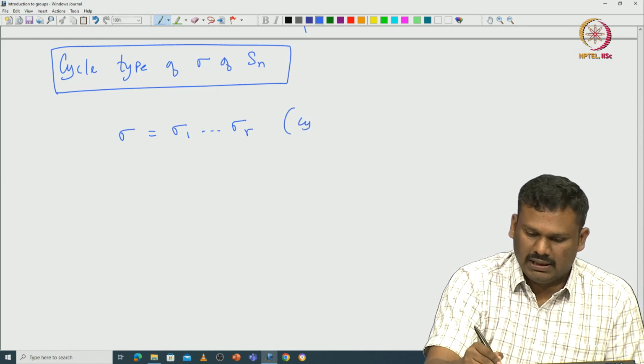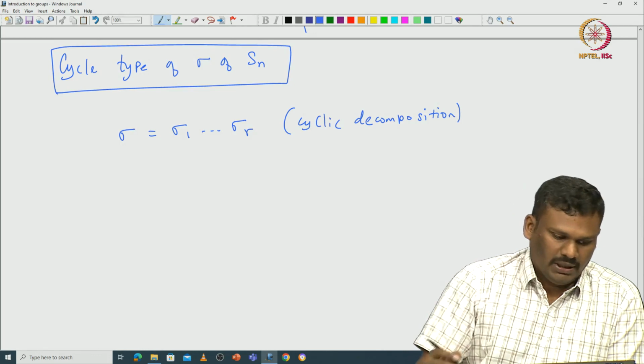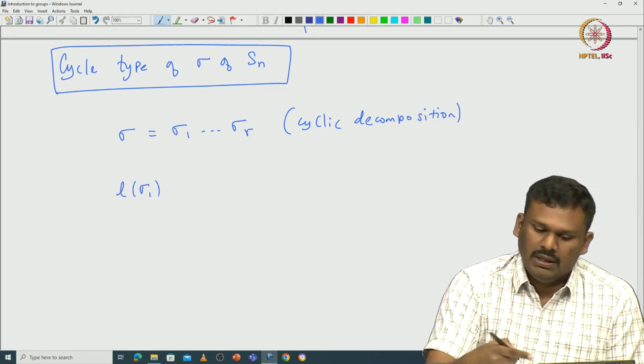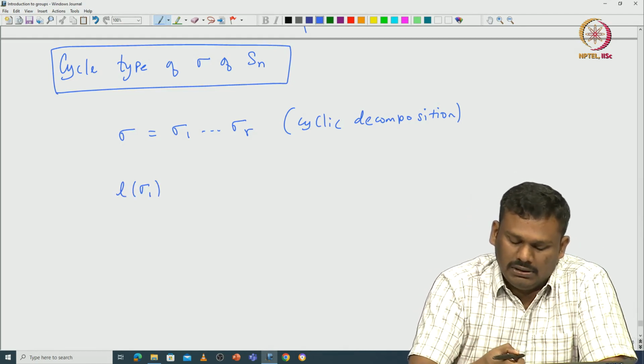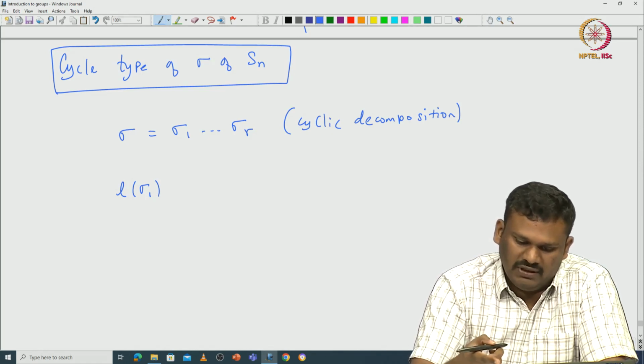This is the cyclic decomposition, and we know that it is unique. It is completely determined by sigma. In particular, if you take the lengths of these cycles, they can be rearranged because they mutually commute with each other.